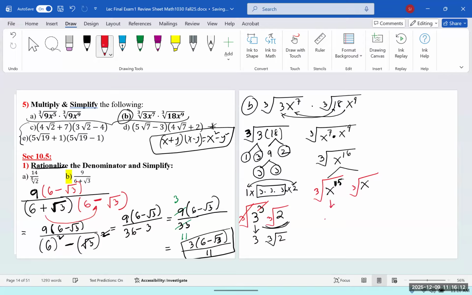This one turns into x to the 15 over 3, which is 5. And this one is not reducible, so we keep cube root of x. So from here, we get x to the 5 and then cube root of x.